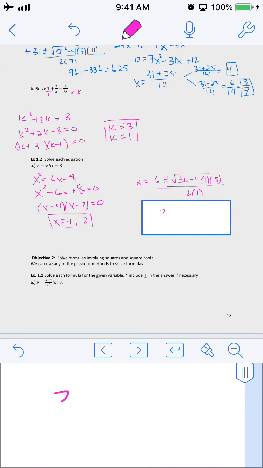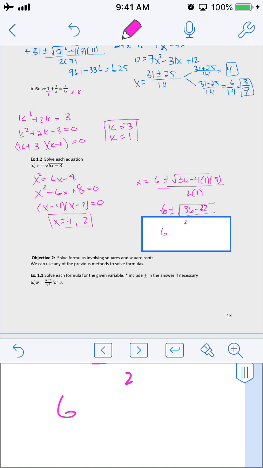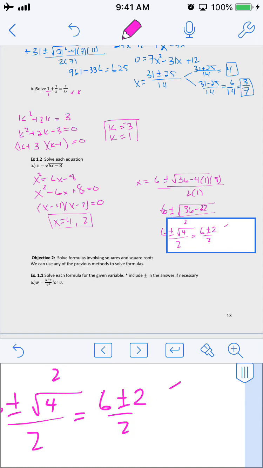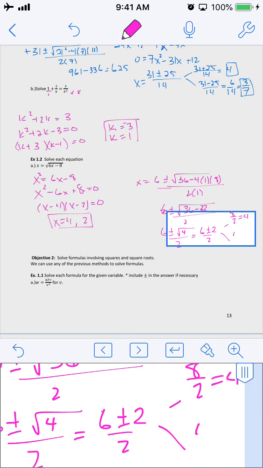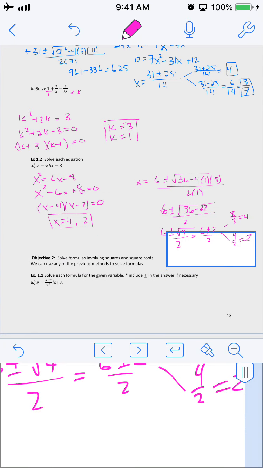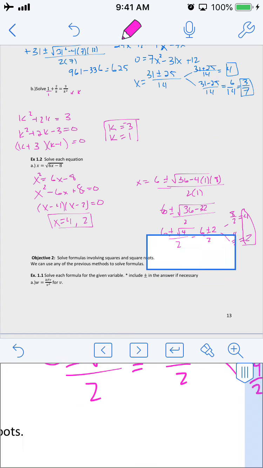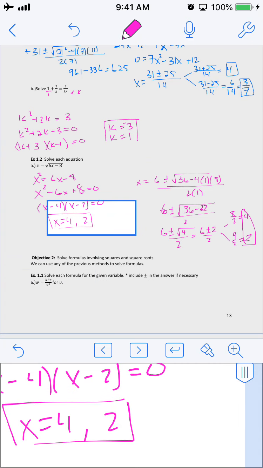We get 6 plus or minus the square root of 36 minus 32 over 2. 6 plus or minus 4, which is 6 plus or minus 2, which would be 8 over 2, or 4, or 4 over 2, or 2. And it still worked, right? But notice that was a lot more writing. The discriminant already told me it's going to be a rational number anyways, so I don't need to do that. It's okay.